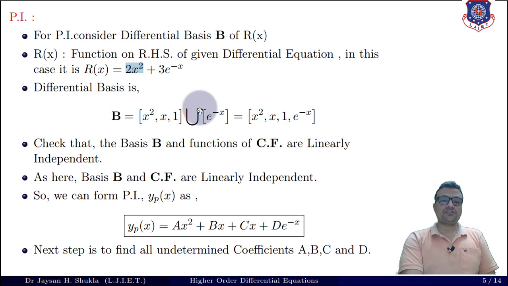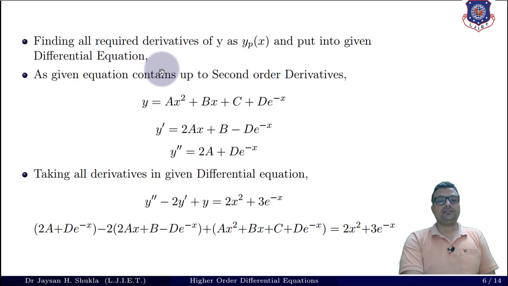Along with this function, take all possible derivatives. The derivative of 2x square is 4x, and then 4, then 0. That means to take this function and all its possible derivatives, we require these three components: x square, x, and 1.